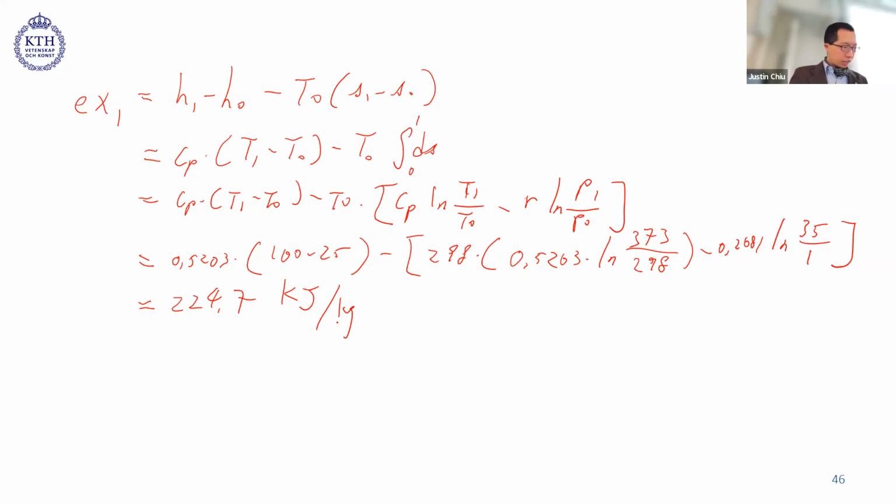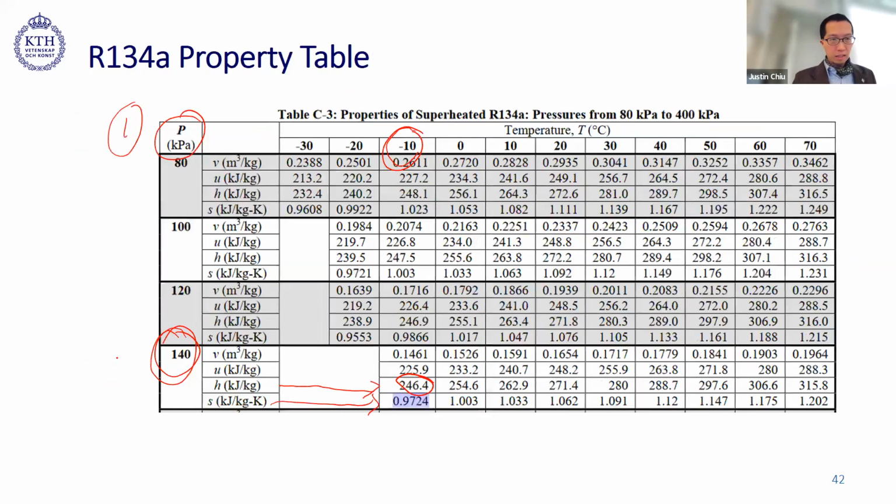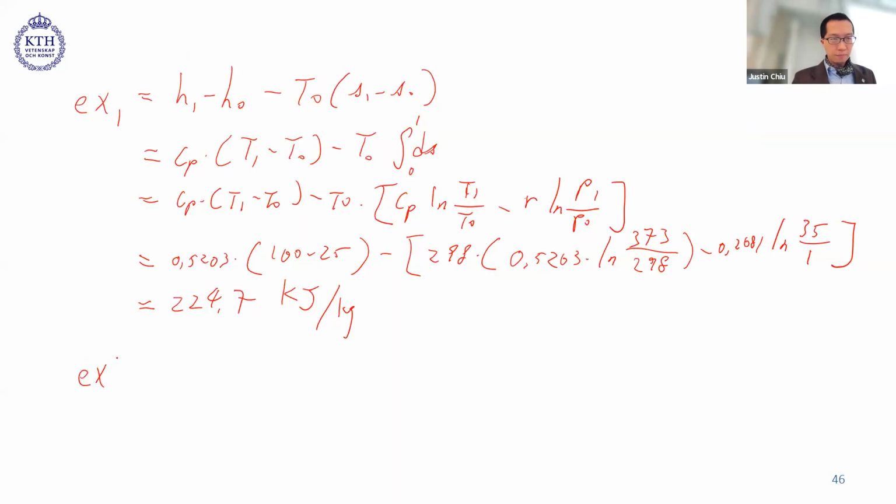The second question is the exergy that is destroyed. So what is the exergy that is destroyed? We can calculate over here. Exergy, how did I write it earlier? Let me see. Delta exergy, right? Destroyed.